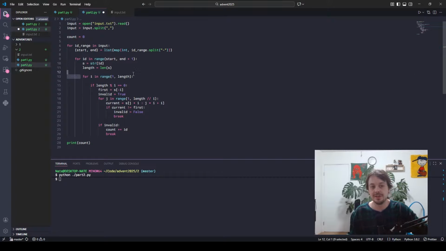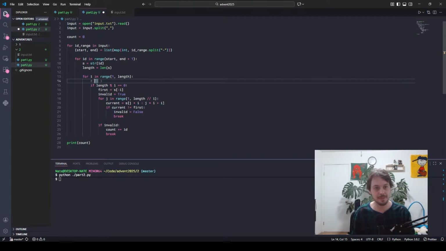So then what I did was I iterated upwards from 1 to the length to see if I could make a clean split of the length with a given number, right? Because if my number is 3 digits long, I can't split that into 2 because that would be uneven, right?